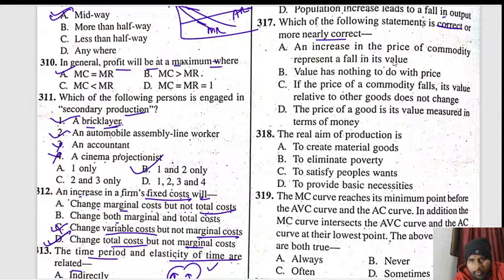This would mean that when the price increases, the value falls, but the value of that commodity will actually rise. So I don't think this is correct. And next, value has nothing to do with price.